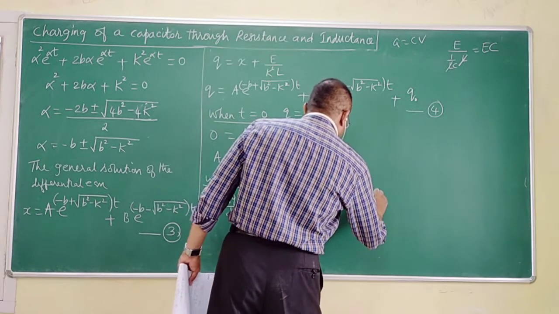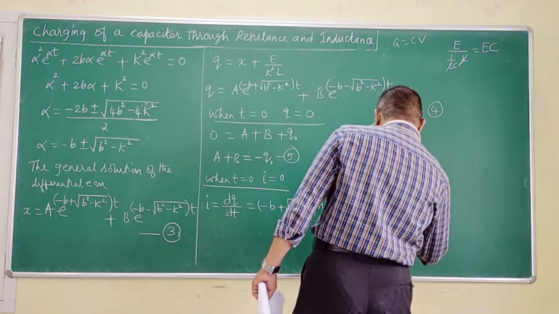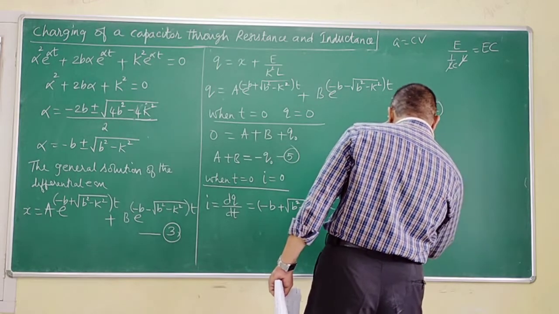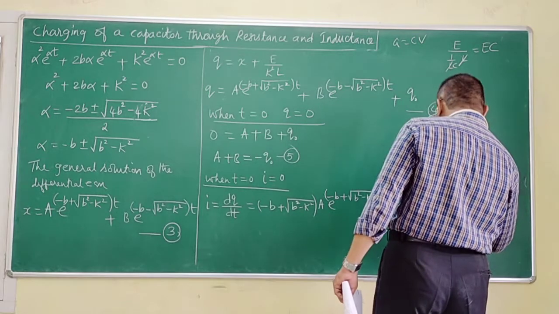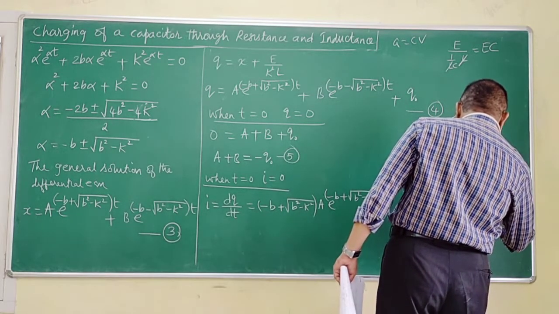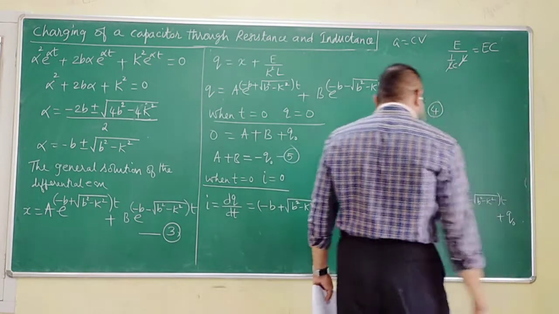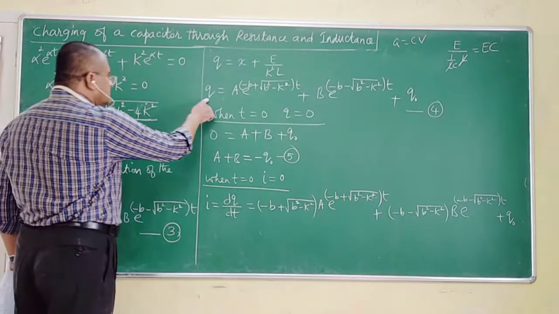See, I have just done simple differentiation, sir. Plus minus b minus root of b squared minus k squared into b e to the power minus b minus under root of b squared minus k squared into t, plus q naught. This is the equation for q.